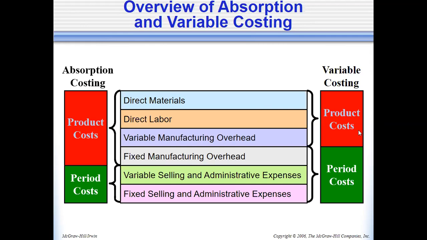So under variable costing, the only product costs are the costs to produce the product, which would change proportionately, or let's just say directly, with production. When production increases, the cost would also increase in total. These are the direct materials, direct labor, and the variable manufacturing overhead. So that's how it is. Again, they would differ only on the fixed manufacturing overhead.